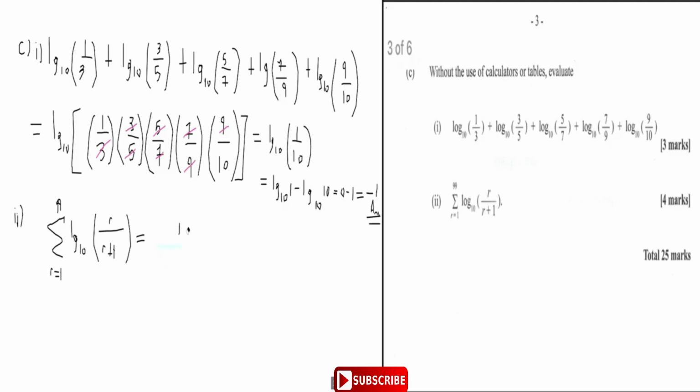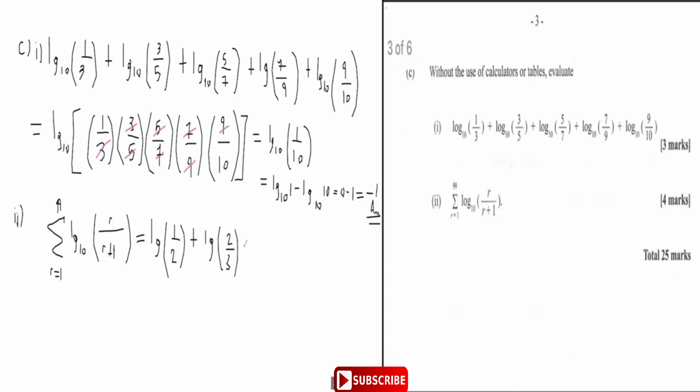Forgot it's not a regular sum. This is a log sum. So it's going to be equal to the log of, with r as 1, 1 over 2. So add in the log of a half plus, put in r as 2, you get the log of 2 over 3. Put in r as 3, you get 3 over 4.